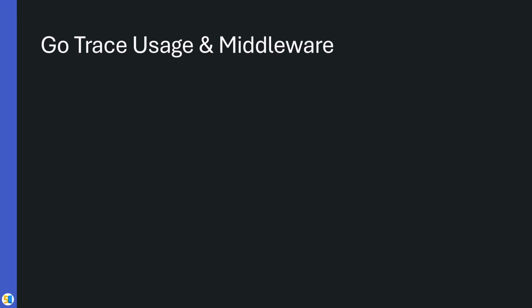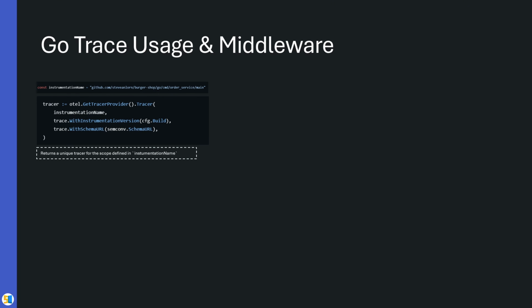So let's see how to use the trace in Go using middleware. So first, we need to create the tracer itself from the provider that we just generated. We give the instrumentation name.